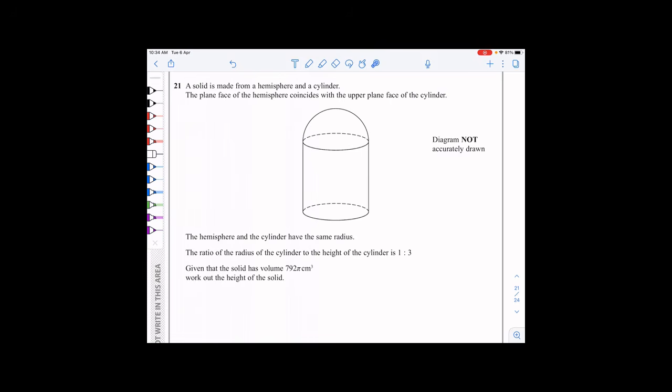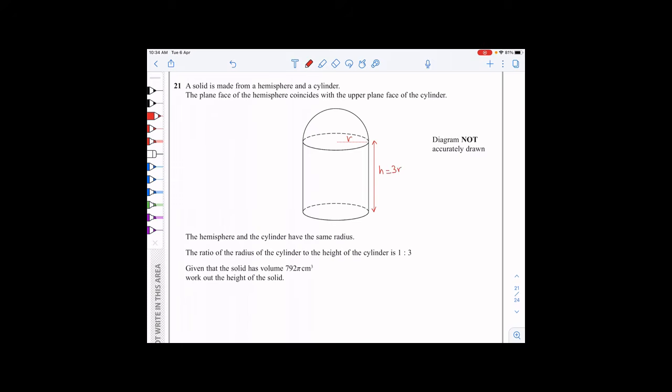21, we've got a solid made from a hemisphere and a cylinder. So we've got the same radius, so this is R here. We are told that the height of the cylinder is essentially 3 times the radius. So the height here is actually 3R.